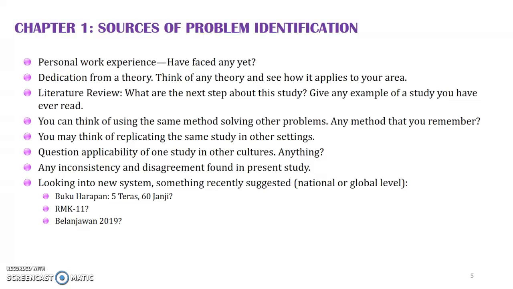Sometimes a problem can arise when there's a new system being introduced. It doesn't matter whether it's at the district level or the global level. For example, in the context of Malaysia, maybe you look at the new government with their Buku Harapan, and you can delve into the book and see what interesting ideas, or basically the promises, should be researched deeper.